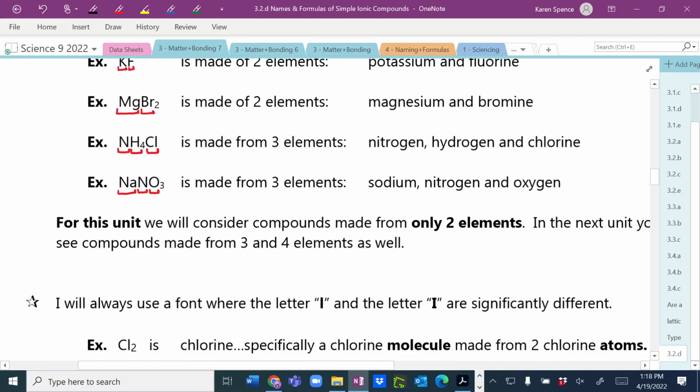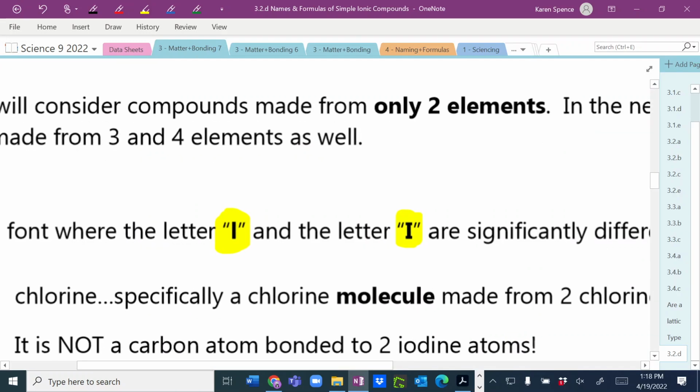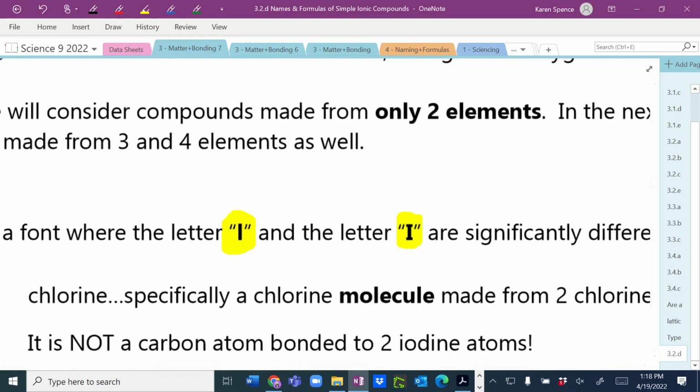Here's a little note. I have gone to special trouble to distinguish between the letter L and the letter I, okay? Your lowercase l has no crossbars.